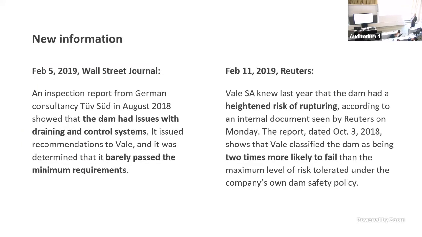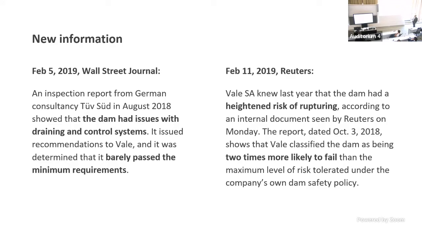But then there was some new information. At the end of the day before, American time, the Wall Street Journal put this out. An inspection report from a German consultancy from August 2018 showed that the dam had issues with draining and control systems. And it was determined that it barely passed the minimum requirements.